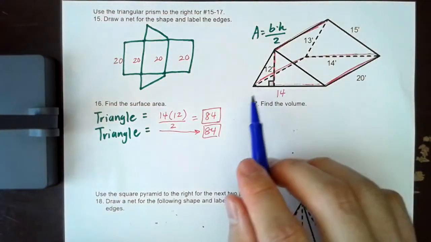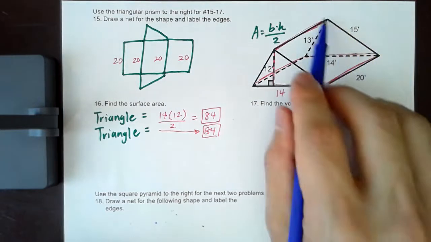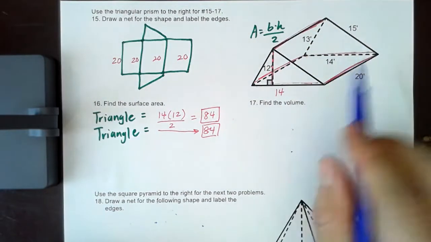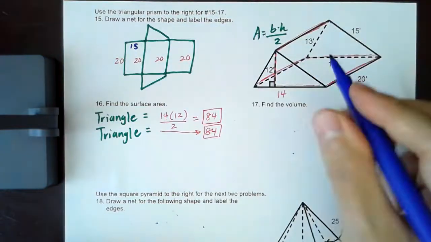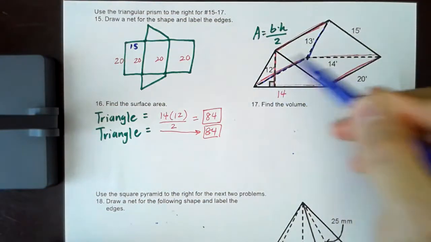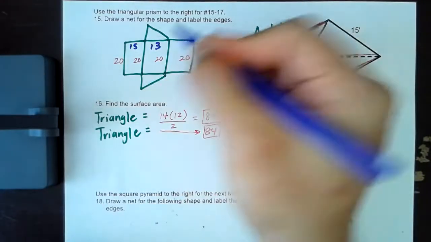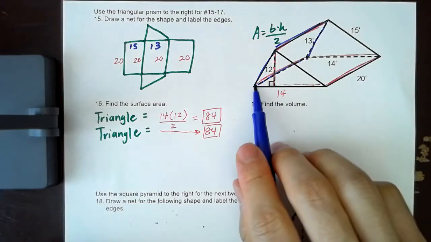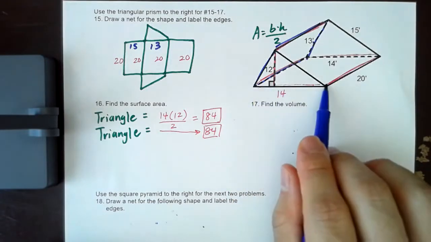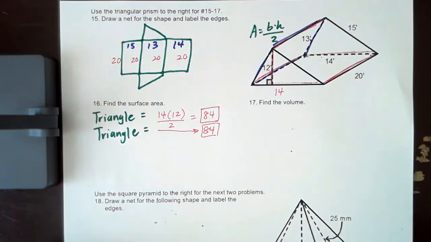So you could see how one of them is going to be 15, right? This panel on the right is 15 times 20. The panel on the left is actually right here is 13 times 20. And then the bottom panel is, well, you guessed it, 14 times 20.